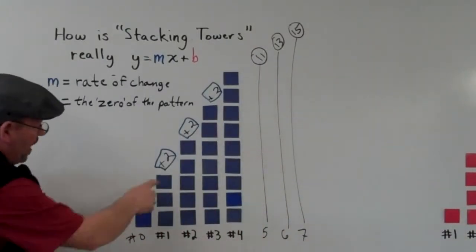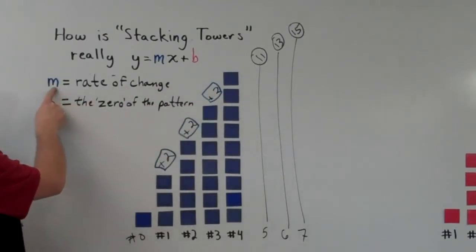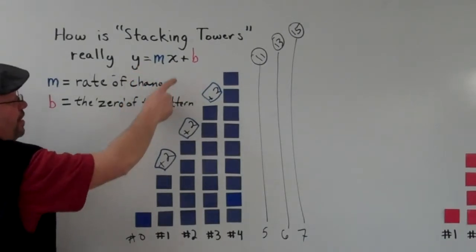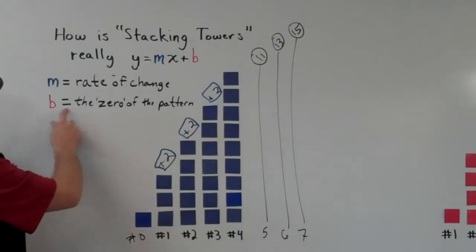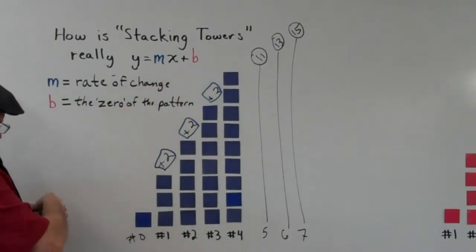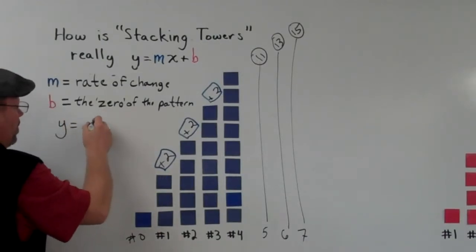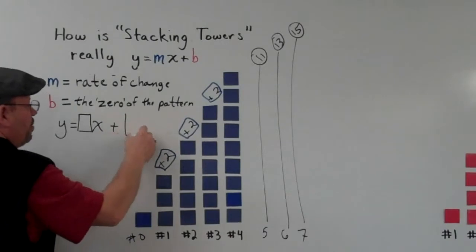We found that the rate of change, we're going to call it m, we could put in a certain place in this magical equation, and the height of the 0 tower would go in another place. We'd simply have an equation built out of y equals blank times x plus blank.